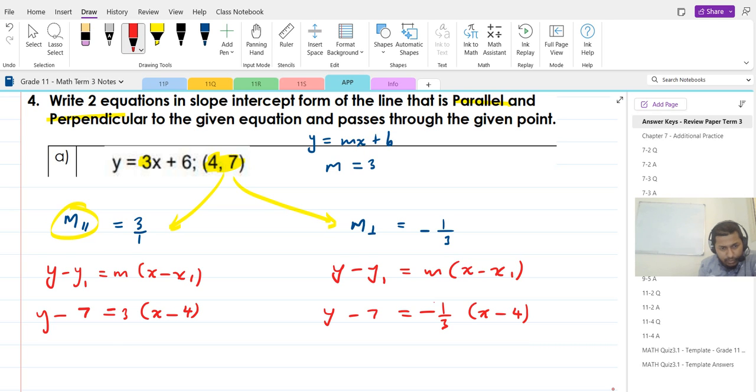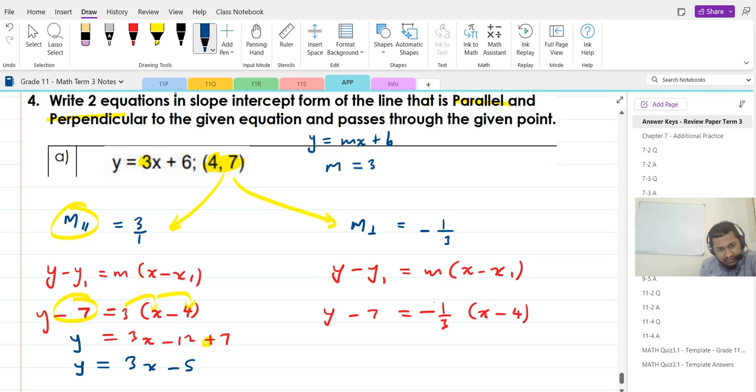If we open this up, we're getting 3x minus 12 plus 7. So what did we do here? We opened this up and we transferred the 7 across, so it became positive 7. So now the equation is 3x minus 5.